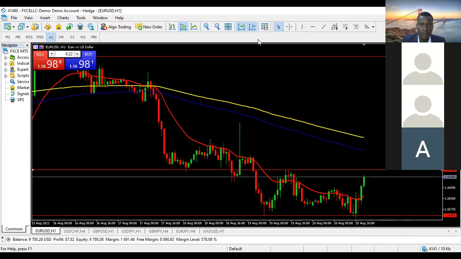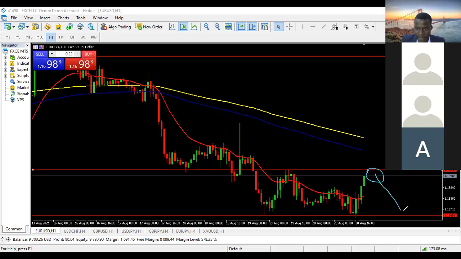I want to draw something. Yes, so once the market forms a bearish setup, that's what we call a setup, you can sell from here and get your target in this place. Are you getting me? Your target is going to be here. Then someone was asking, where should you put your stop loss?